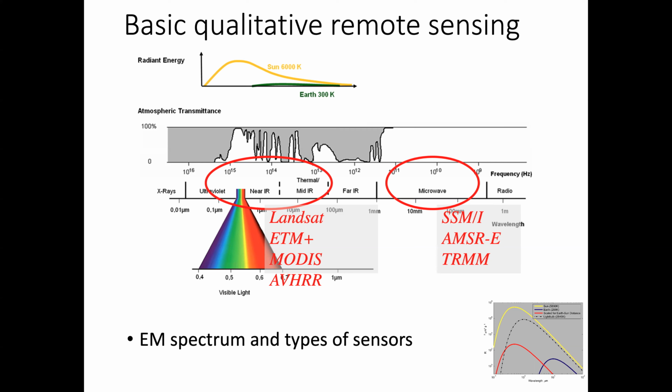Optical sensors like Landsat, MODIS, and AVHRR measure the sun's reflectance in the visible, near infrared, and shortwave infrared, as well as the thermal infrared. At these wavelengths, there's enough energy, as we saw on the last slide, that the spatial resolution of the satellite can be small, on the range of sub-meter to 5 kilometer. Microwave instruments that measure in the longer wavelengths require much bigger spatial footprints because the amount of energy is lower on the right side of this graph, as we know from Planck's curve.